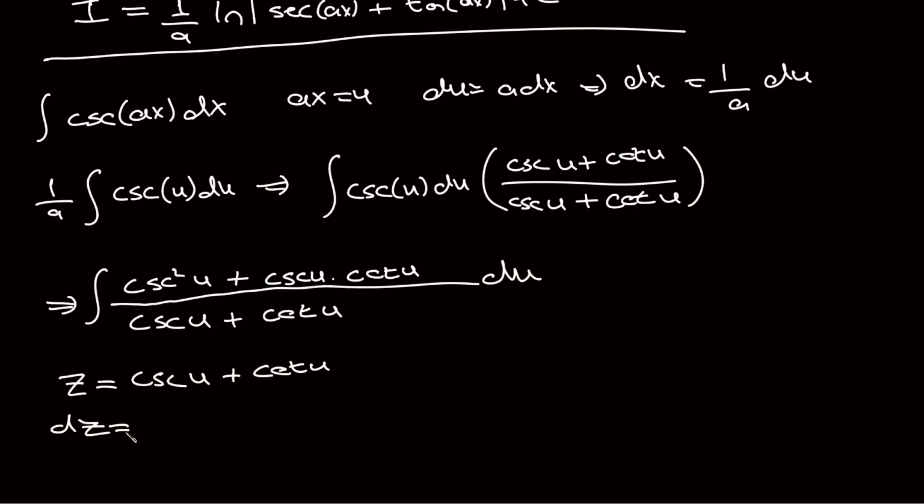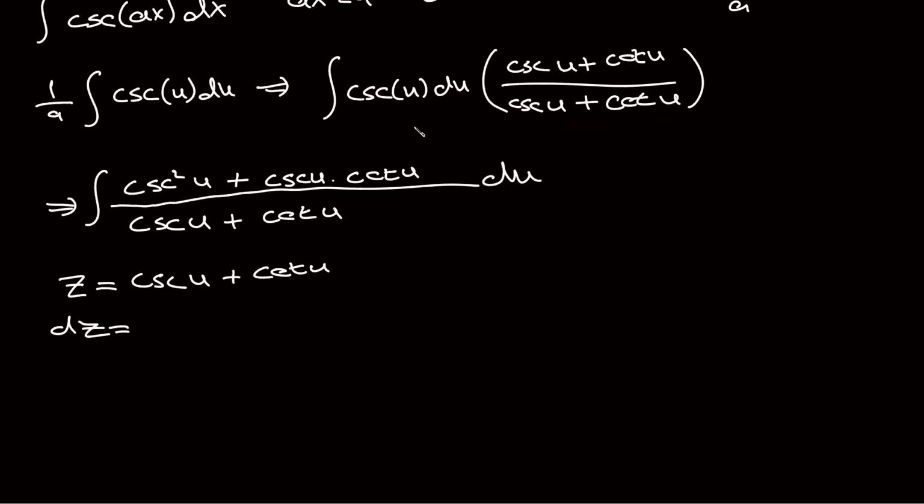And dz becomes, now you have to be careful because there will be minus signs here, negative cosecant u times cotangent u, since differentiating cotangent u gives us negative cosecant squared u, du.